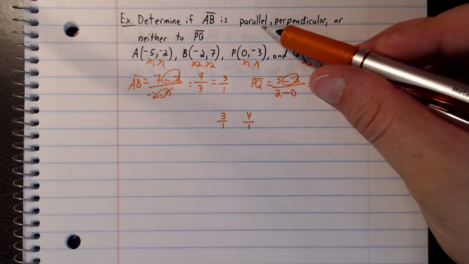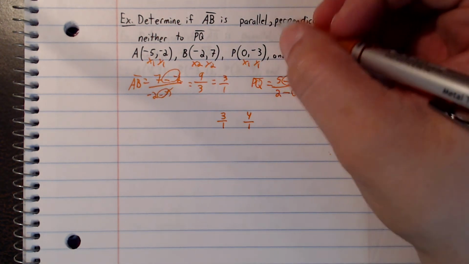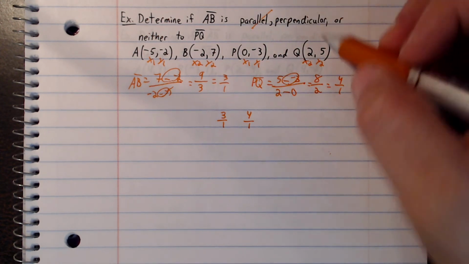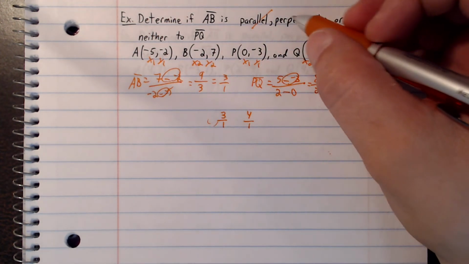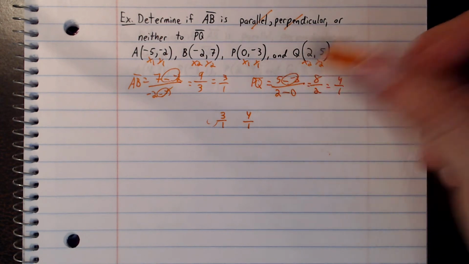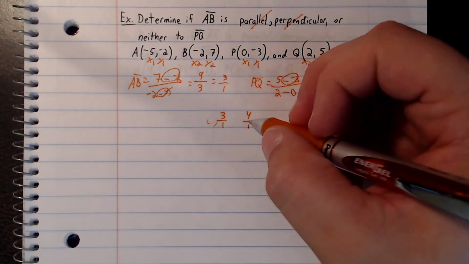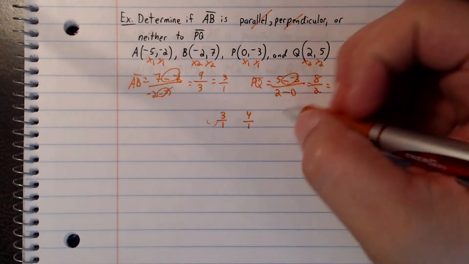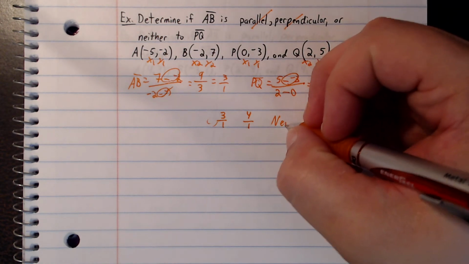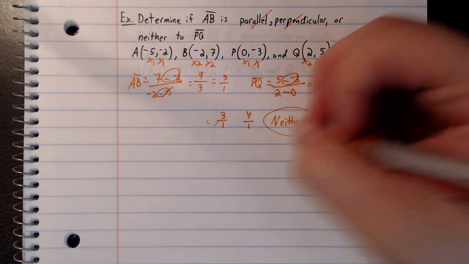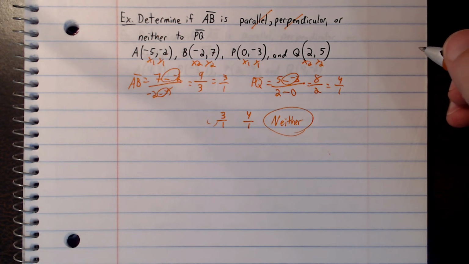If they're parallel, they have to be exact same, which they clearly are not. Perpendicular, they would have to have opposite signs, which they don't. They would also have to be flipped. Doesn't matter. So these are neither.